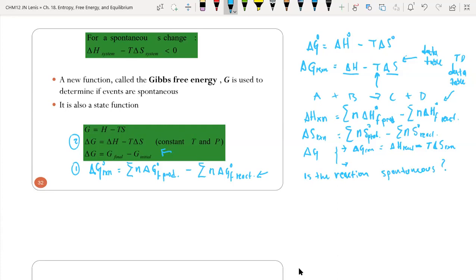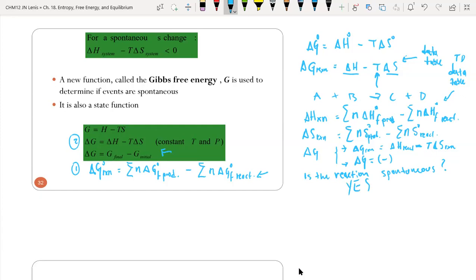That reaction A plus B forming C and D, is that going to be spontaneous or not? To answer that, just look. You just found delta G. Look for that sign. If delta G of that reaction becomes negative, you say yes, the reaction is spontaneous.